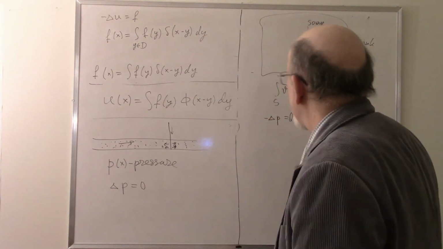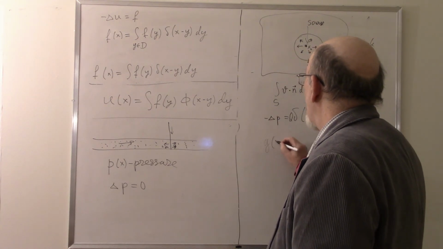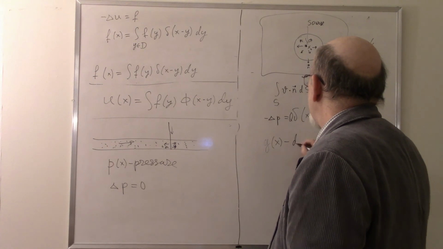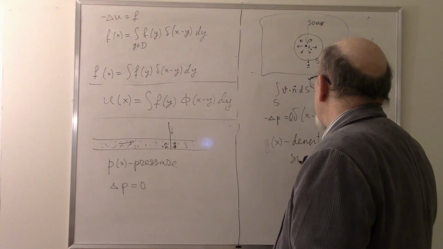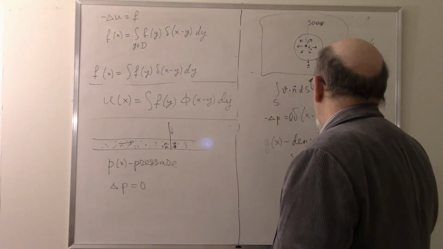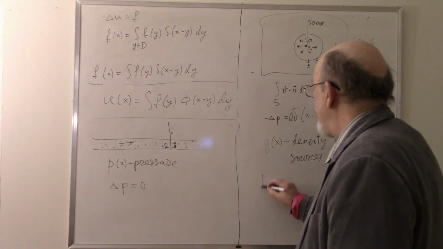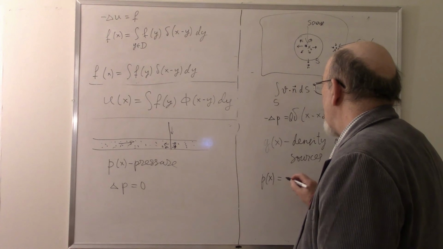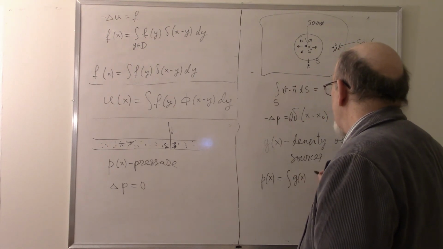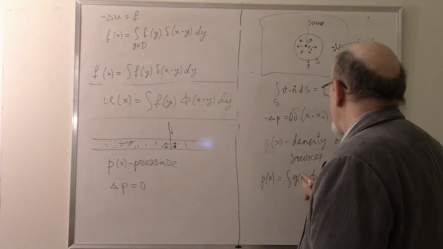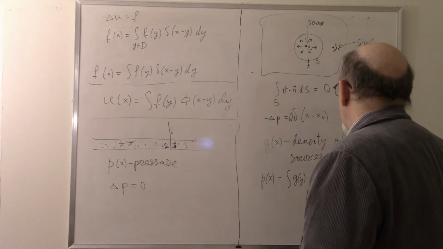If g of x is the density of sources, then p of x equals integral g of y phi of x minus y dy.